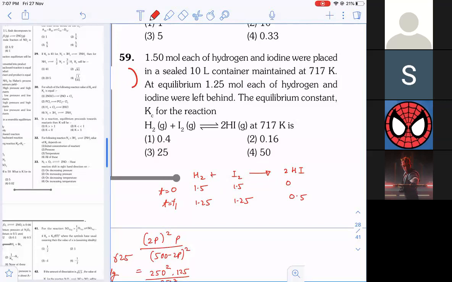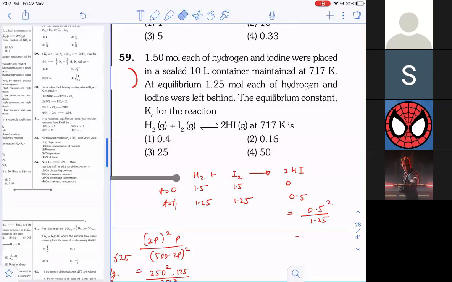Yes. We can calculate x from this. Only Kc is required. Kc would be 0.5 whole square divided by 1.25 whole square. And that would be 0.5 divided by 1.25. Go ahead, please tell. Sir, actually, we should get the concentration of HI.